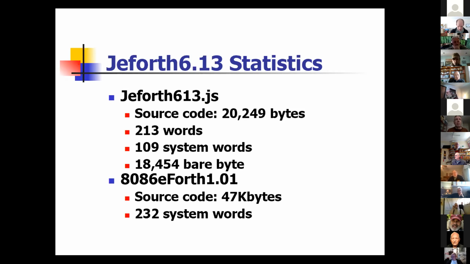To compare it with the original 8086 eforth 1.01, its source code was 47 kilobytes, and it defines 232 system words. So this system is much simpler than the original eforth model.